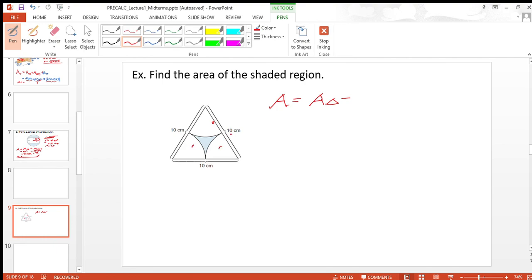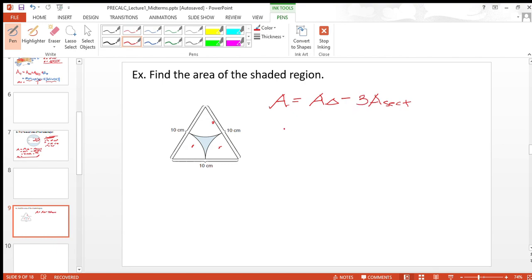The area of those three sections. Each section is actually a sector, right? Therefore, there are three sectors there. We can get the area of the circular sector times 3.